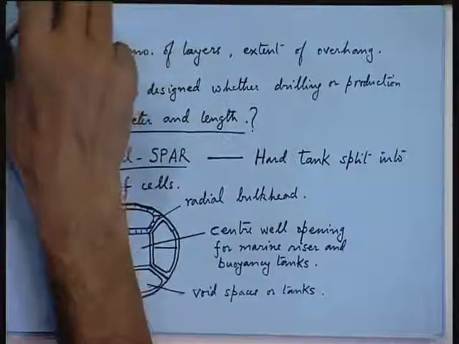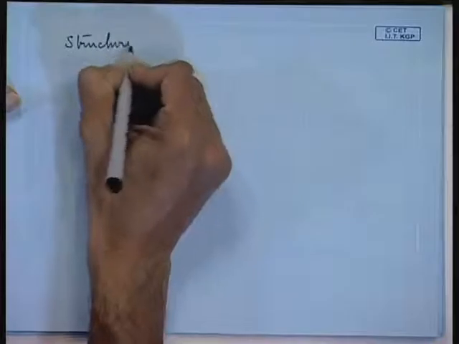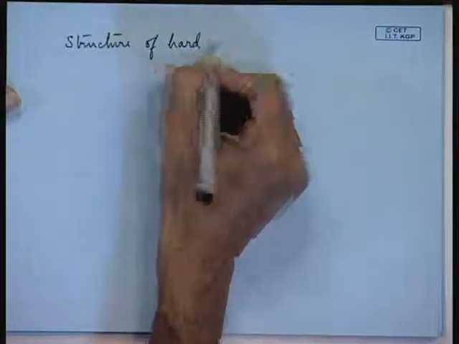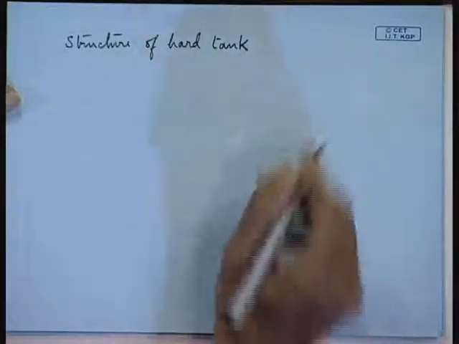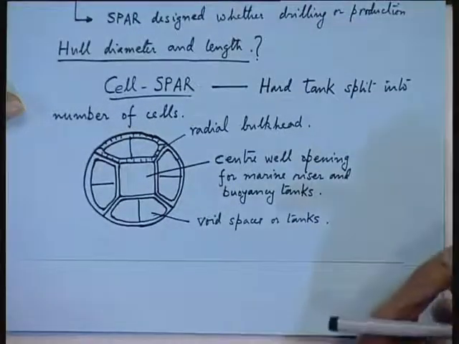The hard tank is cylindrical in shape, that means it is a structural arrangement, structure of a hard tank. Now, remember these are not your normal ship ballast tank.